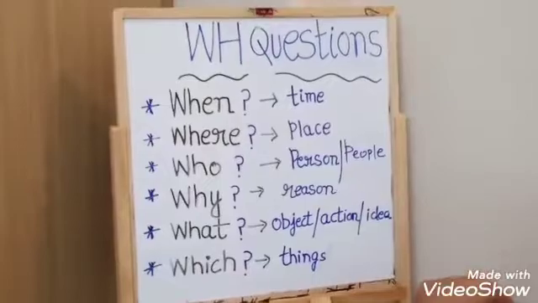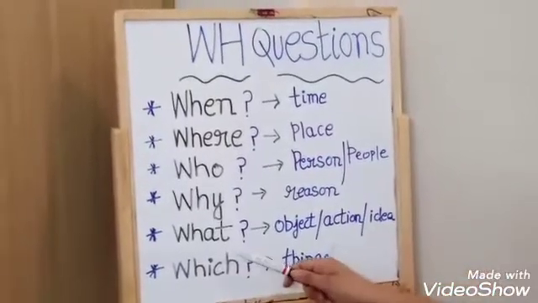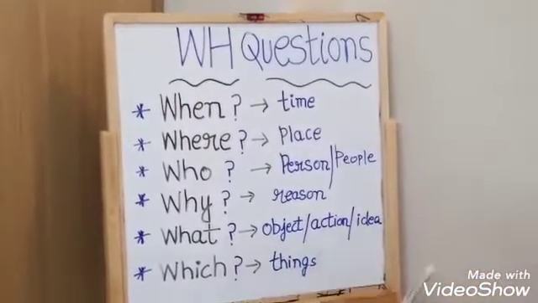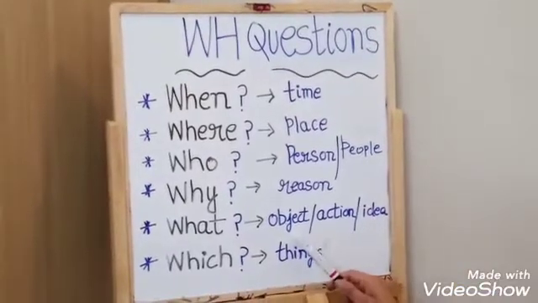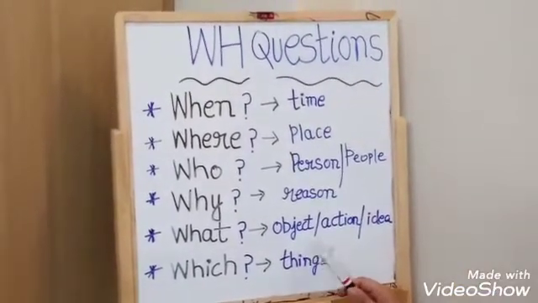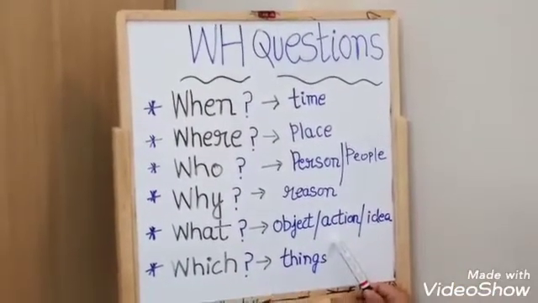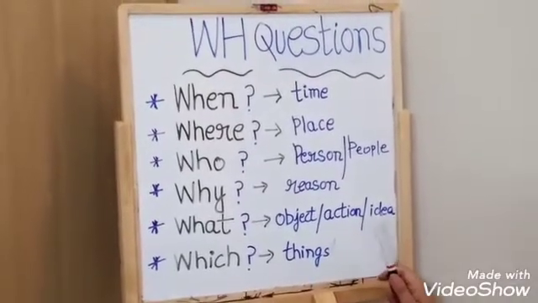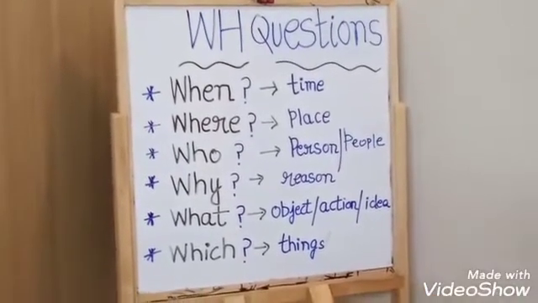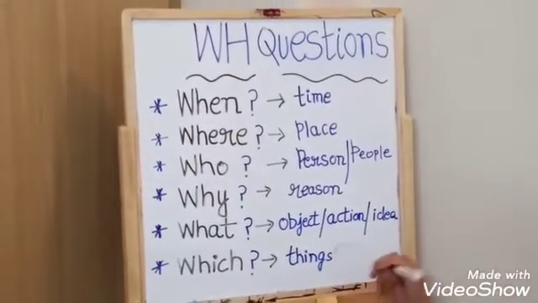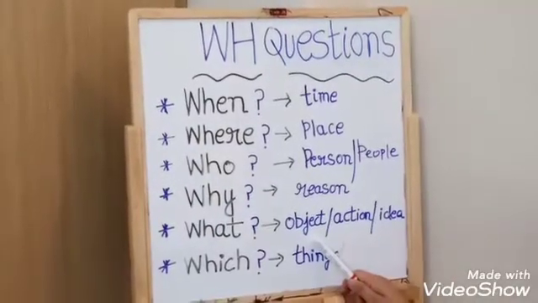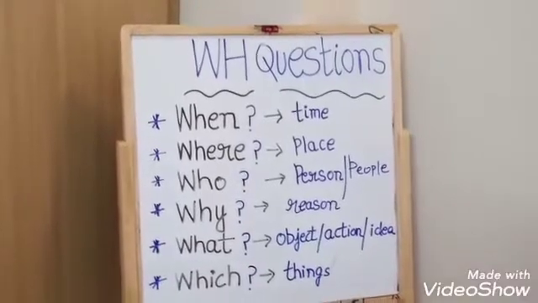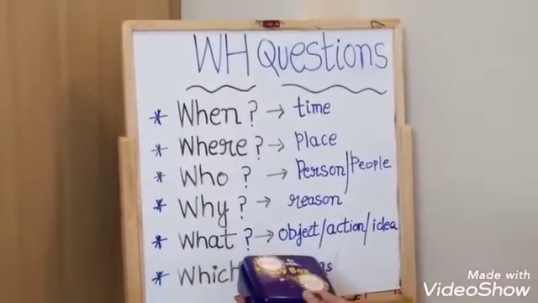Now the next WH question is what. Now what always tells you about an object, an action or an idea. Now let me explain each part one at a time. For example, let us first take the object. We may want to know what is inside this box.